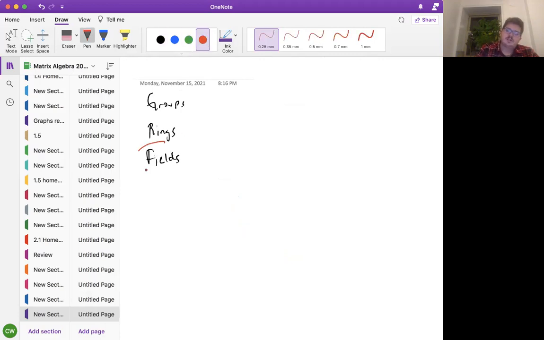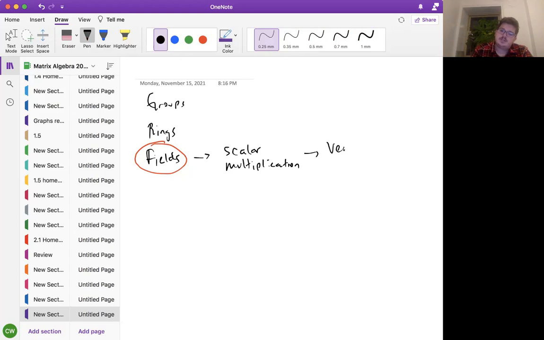We will be focusing on fields. Along with fields, we'll talk about something called scalar multiplication. And then we'll lead into vector spaces. A vector space is a type of set with some operations.